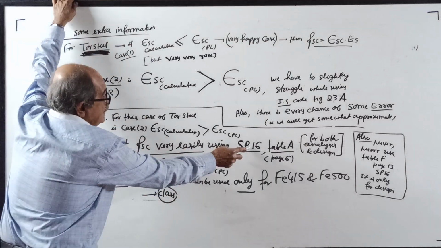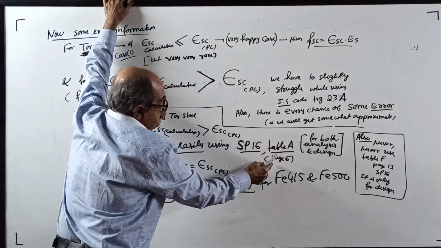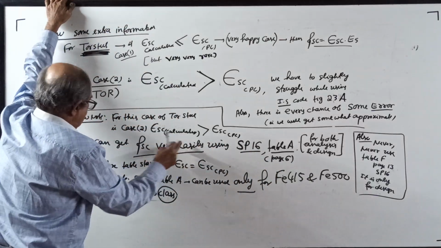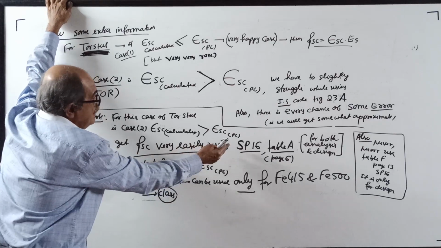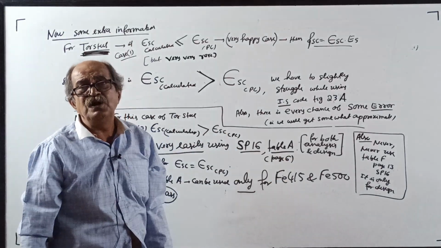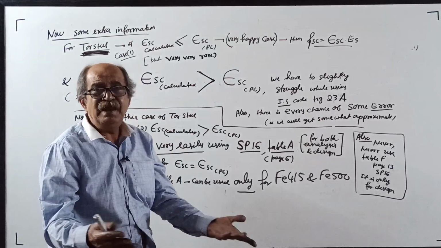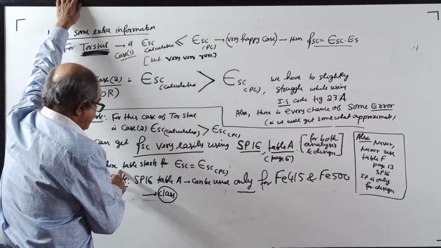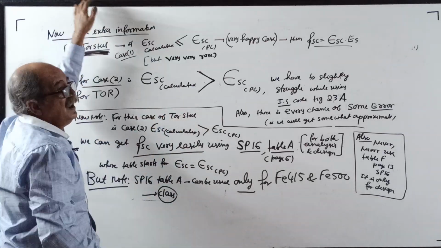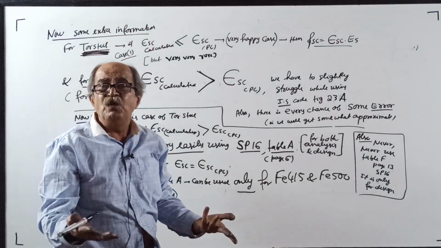In SP16, Table A, page number 6, FSC values are very easy. You can get FSC very easily using that table, where FSC values are given based on strain. I will explain in the next class where the table starts for epsilon SC equal to PL. Less than that, the table is not given because they know it.